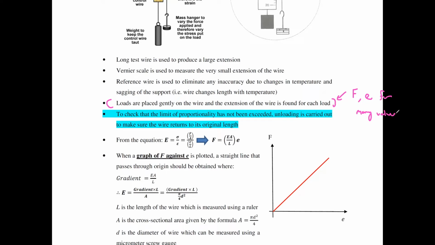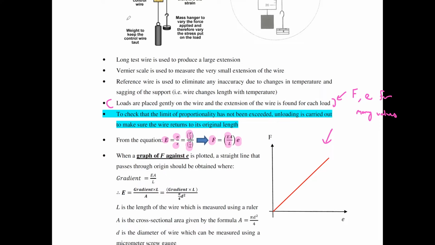Now, what you want to do with that is plot a graph like this. How do you get a graph like this? It is from the original equation for stress versus strain. Young's modulus is stress over strain. Stress is force over area. Strain is extension over length. If you rearrange it, you get F equals EA over L times e.